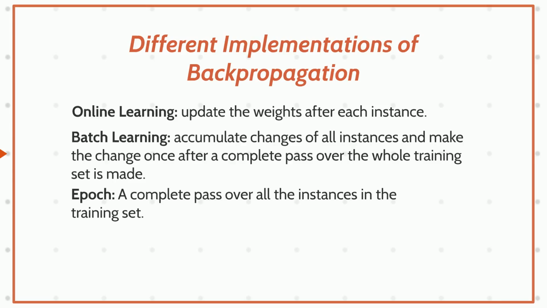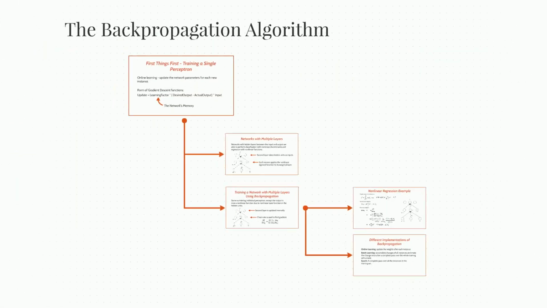How do we use epochs and batch learning to ensure convergence? We'll talk about how this is actually used to train networks in the sense of choosing parameters, or choosing online learning versus batch learning, choosing an activation function. Is there really a difference between the hyperbolic tangent and the sigmoid? We'll look at that a little bit more in our next video.